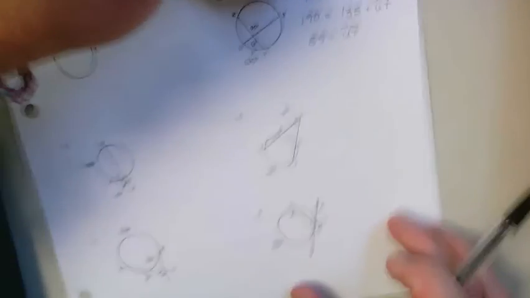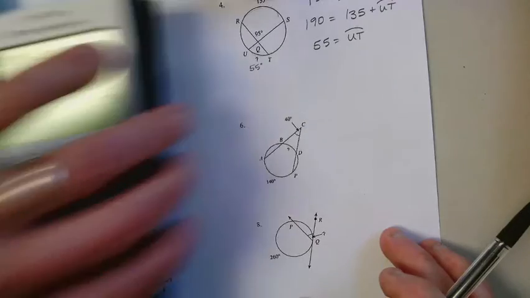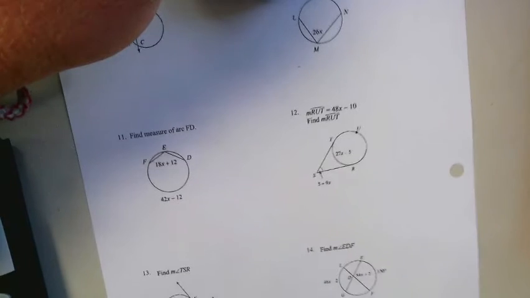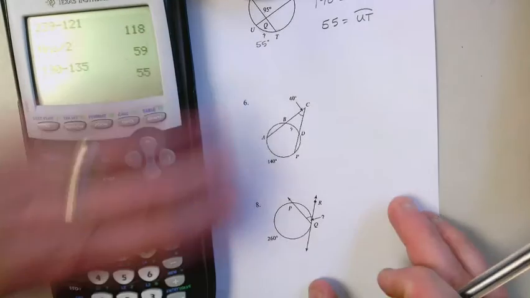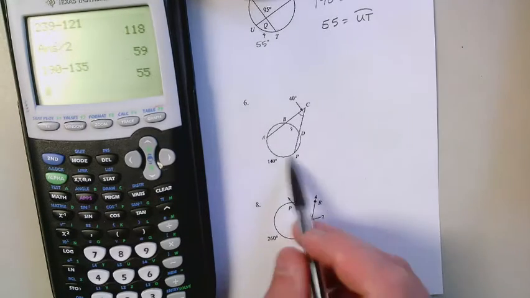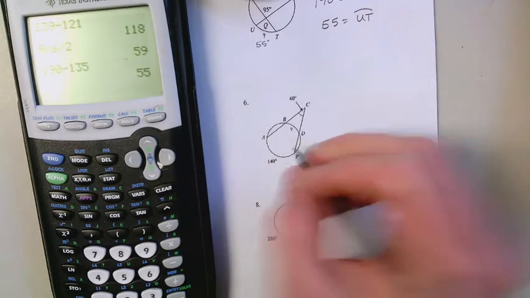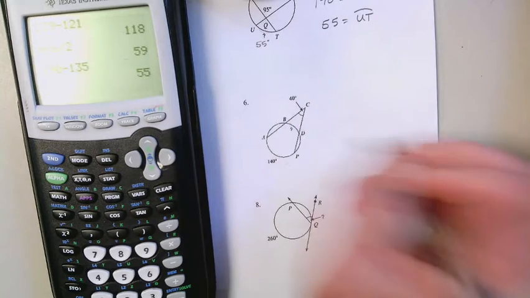If I go down to number 6, actually, let's swap over to the back side. We'll go with the backside for one like number 8. For number 6 right here, we have 140 degrees here, 40 here, 40 here, and then a question mark there.